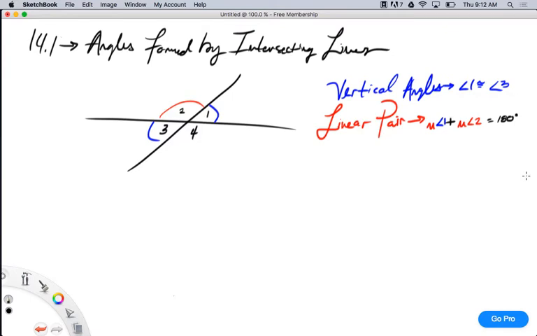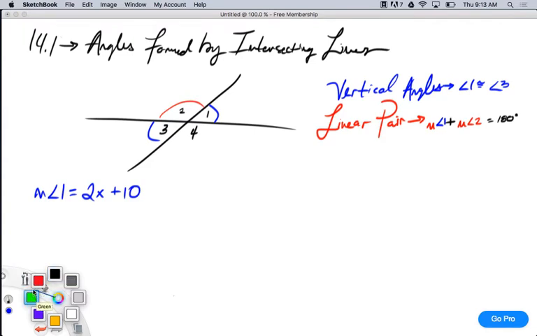Okay, so a reasonable question would be, what would that show up like on the test? How would I be asked a question on something like that? Well, I could say to you, for instance, that the measure of angle 1 is 2x plus 10.